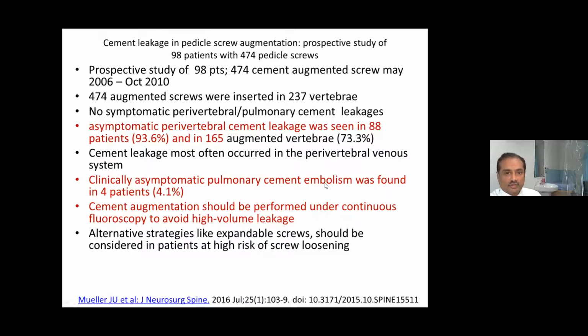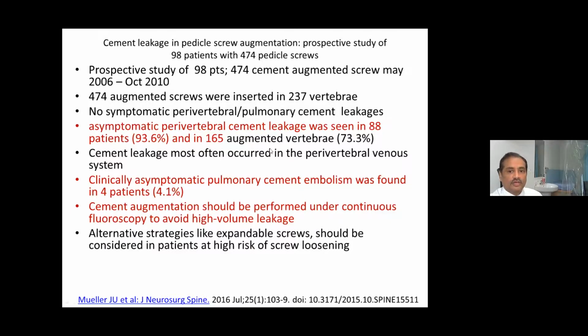However, whenever you try to use a cement, the main concern is whether the cement can leak. The leakage can be into the local area, into the discal area, into the spinal canal, or commonly into the perivertebral area, and sometimes it can embolize into the pulmonary system. So this is one of the early studies. They studied with a CT scan of the local part and X-rays of the chest in 98 patients with around 474 screws.